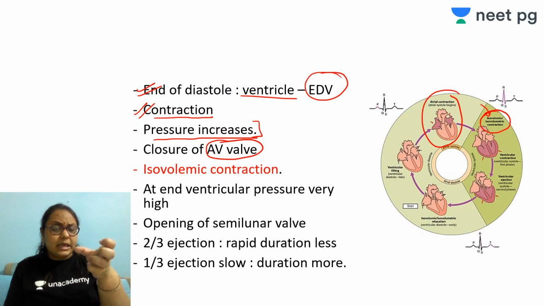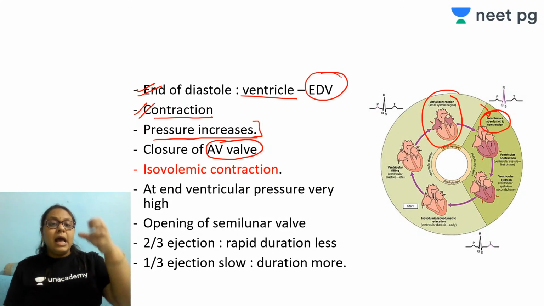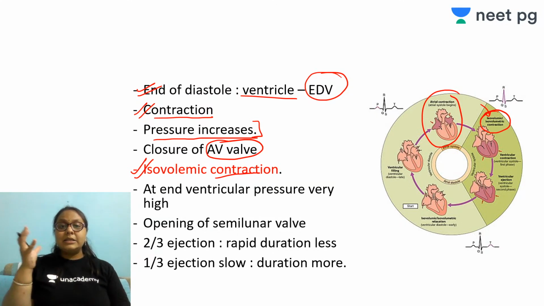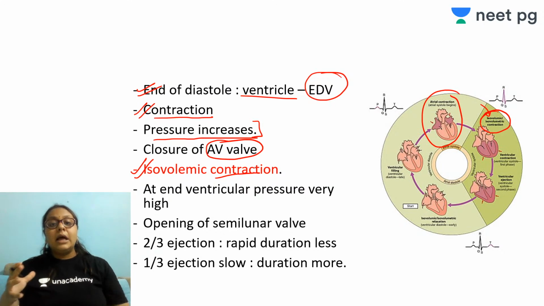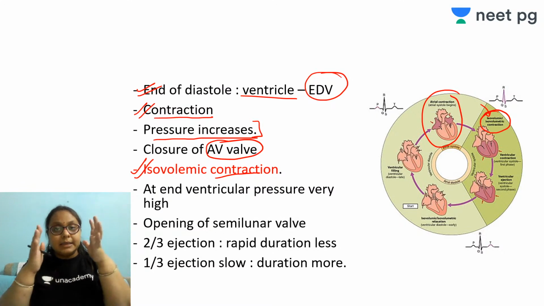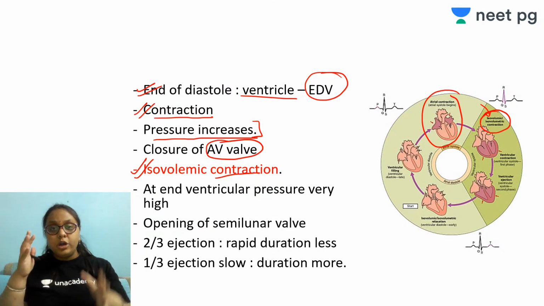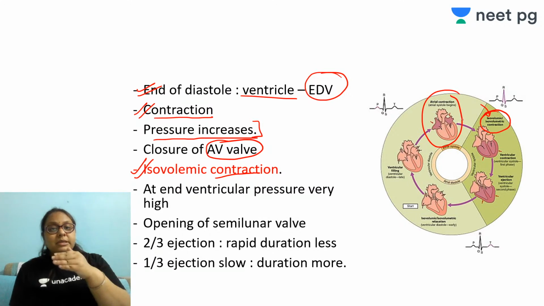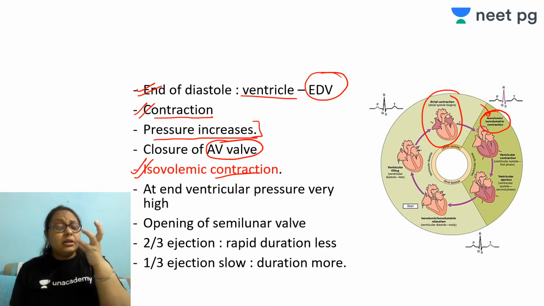The pressure will increase because of the contraction, and the AV valves will also close. That will cause isovolumic contraction. Isovolumic means it is neither receiving blood nor is blood leaving it. The volume is the same. So it enters the isovolumic contraction.